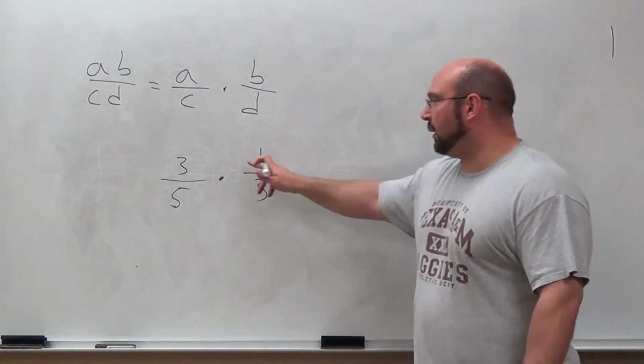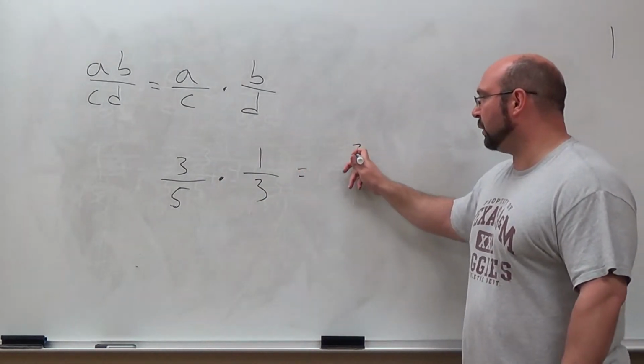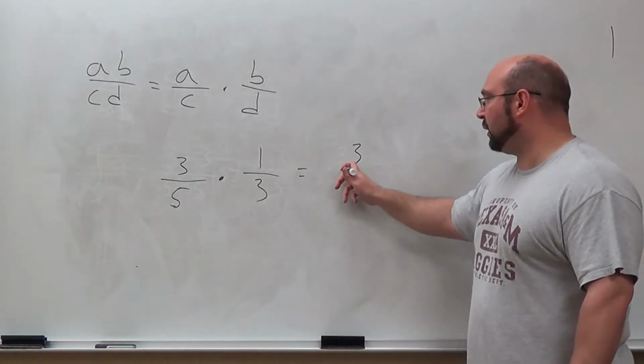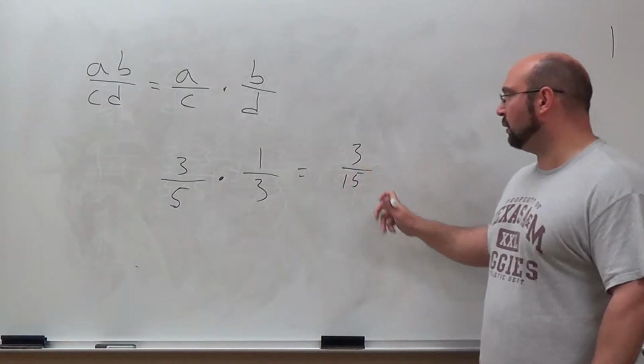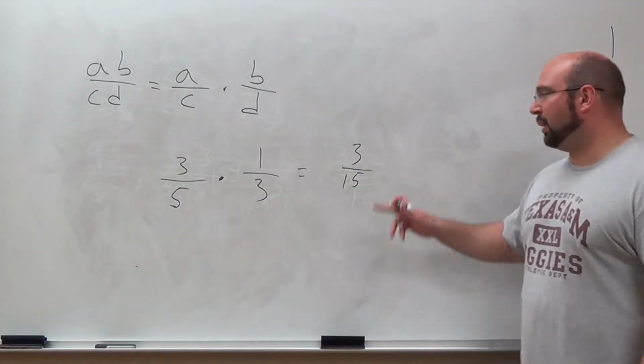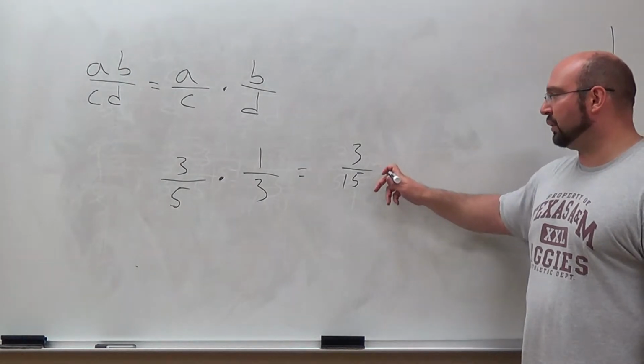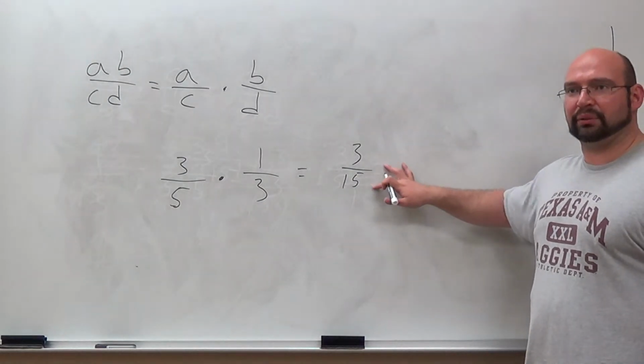I know that 3 times 1 is equal to 3. 5 times 3 is equal to 15, right? But I know that these are multiples of each other, so I'm like, well, I need to break this down. I need to reduce this.